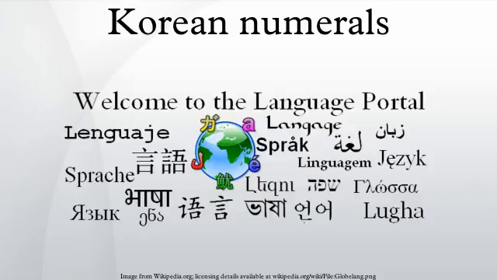Some of the native numbers take a different form in front of measure words. The descriptive forms for 1, 2, 3, 4 and 20 are formed by dropping the last letter from the original native cardinal, so to speak. Examples: han beon, du gae, se si.